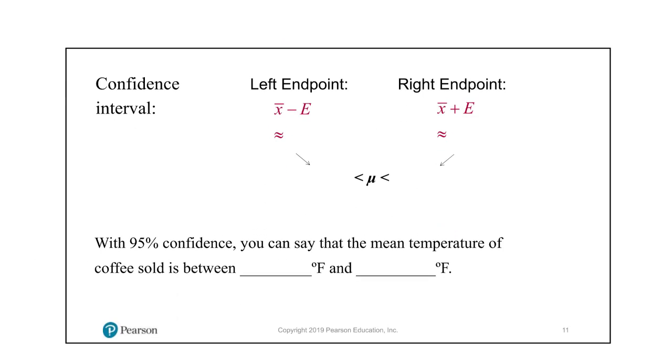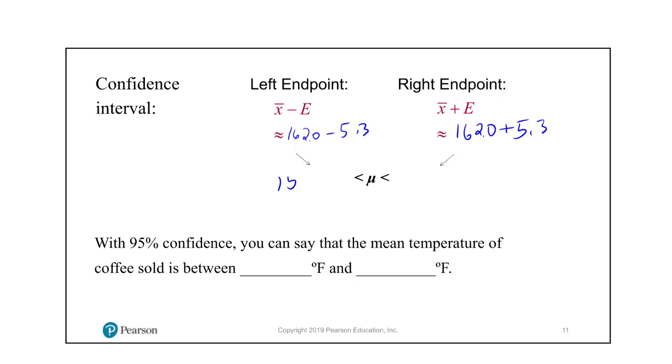We now have to take that 5.3 and subtract it and add it to our x-bar to get our interval. So we would take 162.0 and subtract 5.3, and we take 162.0 and we'd add 5.3.